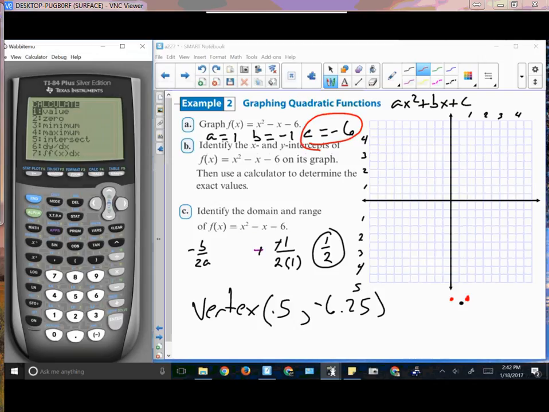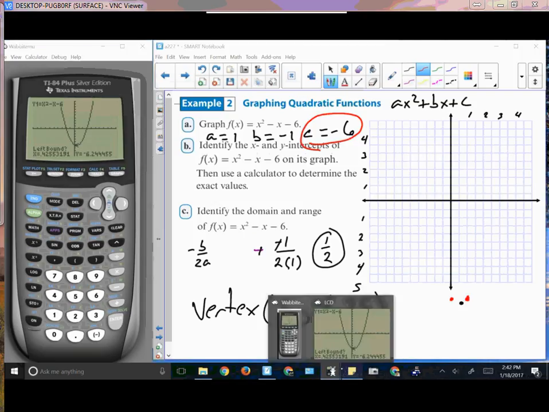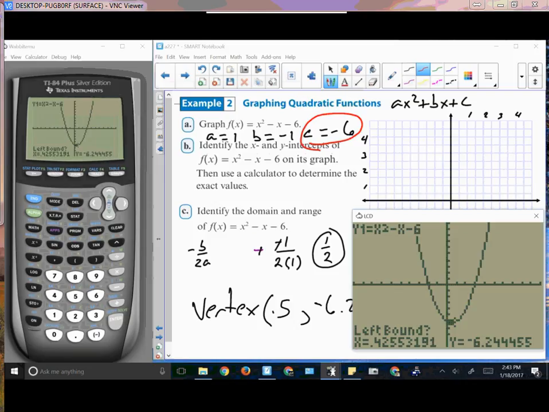Do I see 0? I see 0. So I hit 0. Press enter. Now, we've talked about this before where it has the left bound and the right bound. Basically, we want to find where it's between. I know that it's somewhere in here, somewhere between these two. So I'm going to press the arrow key back. I'm going to put it above it because that's on the left side of it.